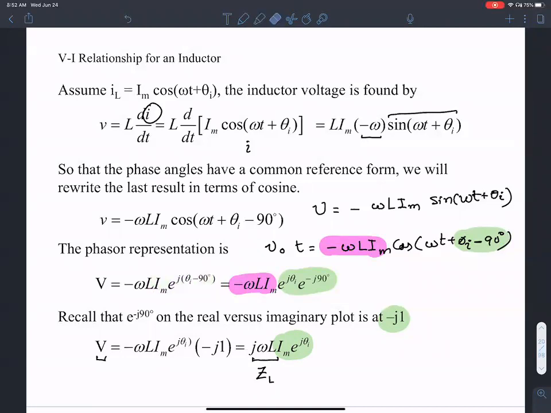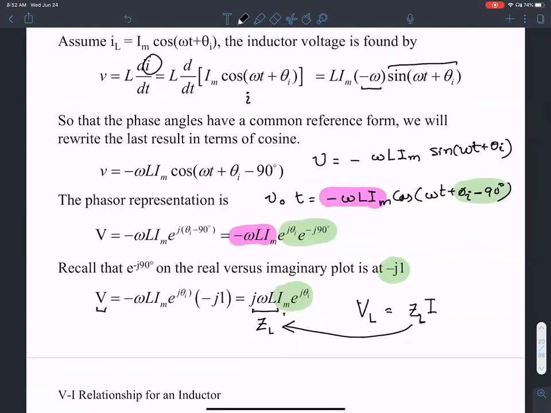Expressing the input, I is I m angle theta I, the input current. So the output voltage of an inductance is ZL times the current in the inductance, where ZL is given by j omega L.